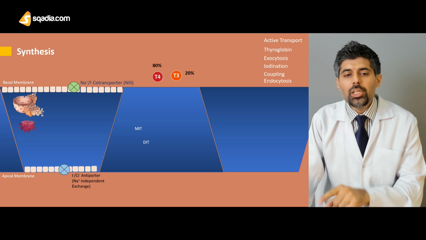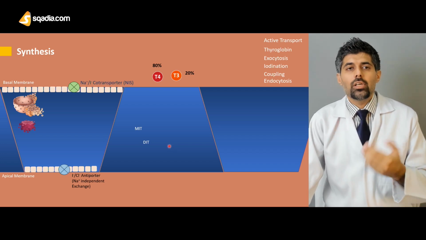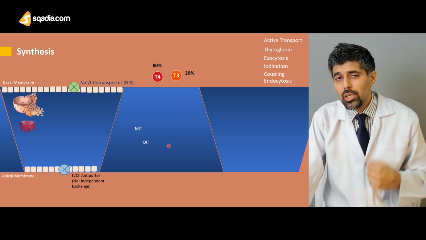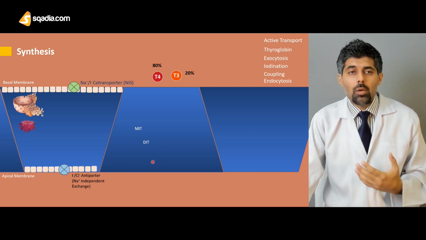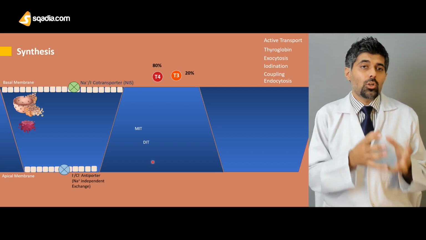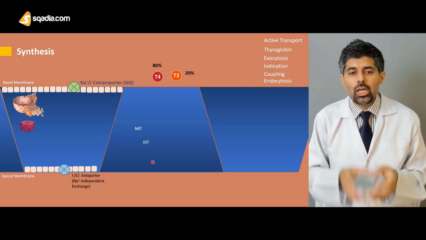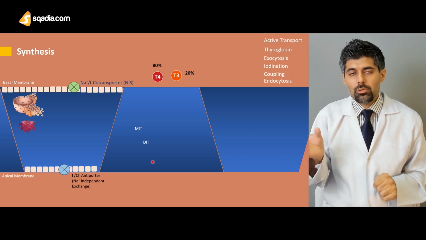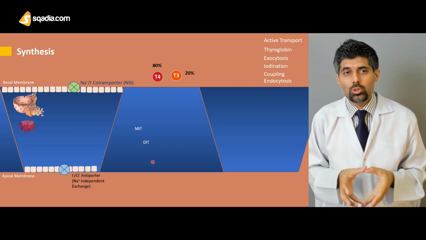So only the T3 and T4 move outward into the bloodstream. The monoiodothyronine and the diiodothyronine do not do so. Why? Because they are not the active form of the thyroid hormones. It is only T4 and T3 that are the active forms of the thyroid hormones.